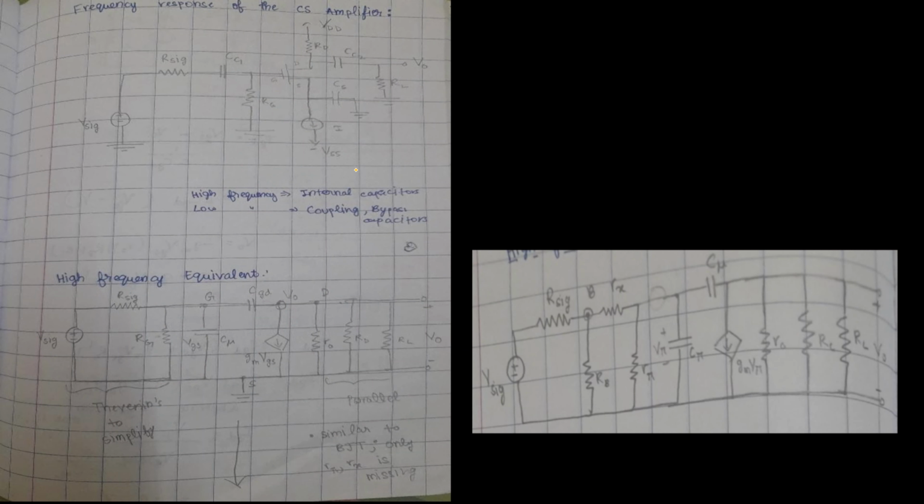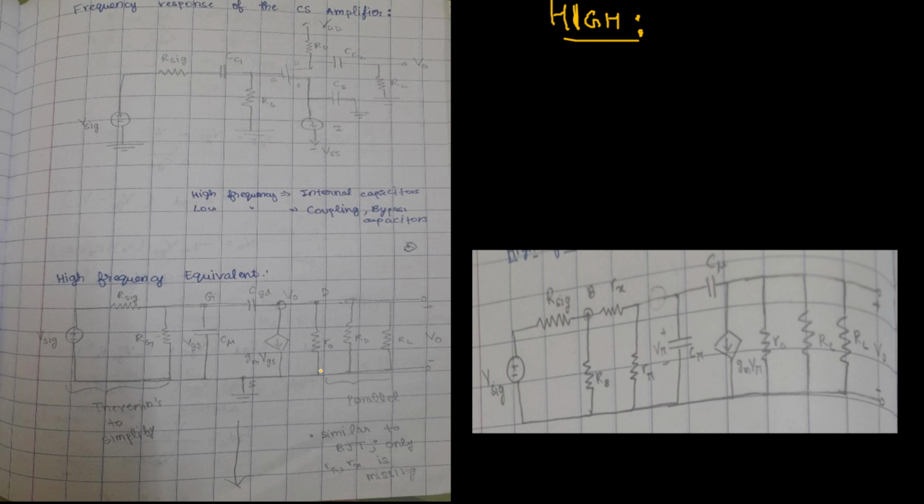So now we'll talk about the high frequency analysis of MOSFET, or in specific of the common source amplifier, right? Just to compare, I've put up the model of high frequency analysis in BJT, and to the side I've put the model for MOSFET as well.